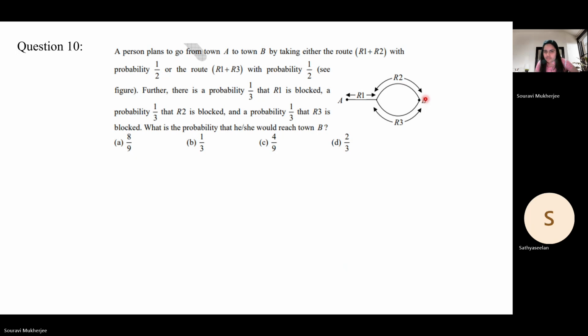Again, you have to think about which are the different events. Also think about which of the individual events are independent of each other.